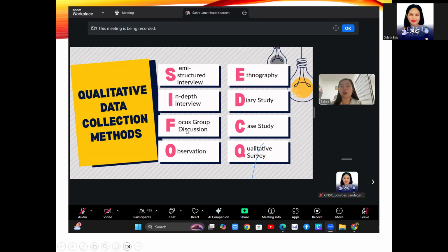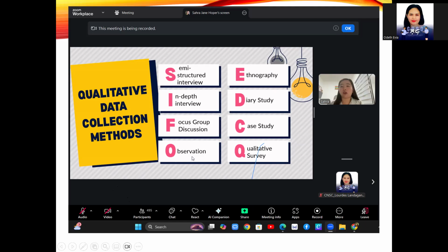And then next is focus group discussion. When you say focus group discussion, the researcher asks a group of people at the same time. So many people can answer one question, so that the researcher can analyze different answers to one question.